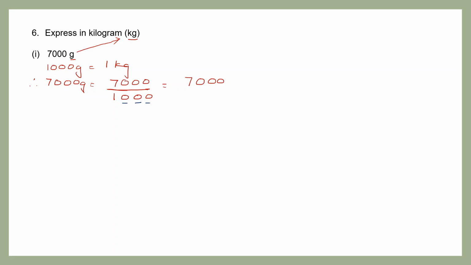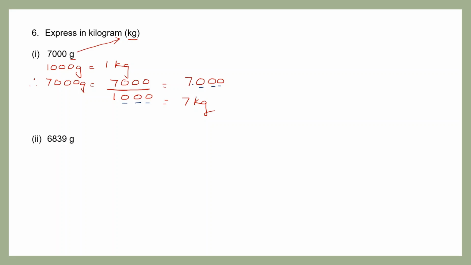When you divide, it moves to the left. So 1, 2, 3, and the point comes here. So what is my answer? It is 7.000. Instead of that, you can simply say 7.0 or 7. So this is 7 kilograms. So 7000 grams is equal to 7 kilograms. Question 2.